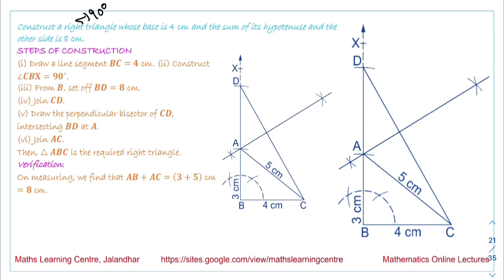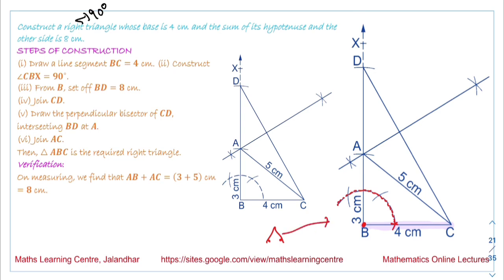So we are going to draw a line BC of length 4 centimeters, and from this point B we are drawing an arc over here. We have opened the compass and marked this point and an arc over here.